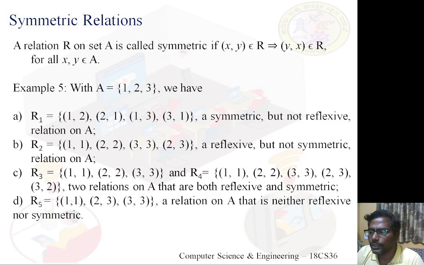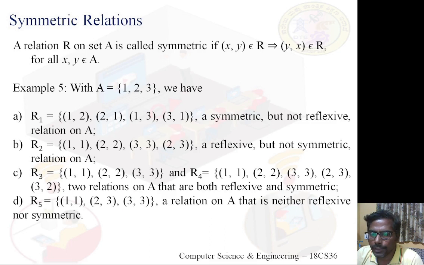Got it? So what it says is, in a relation R, if there is a pair x comma y, there should also be a pair y comma x. So let us have a look at example 5. Here we are given a set A with 3 elements, 1, 2, 3.